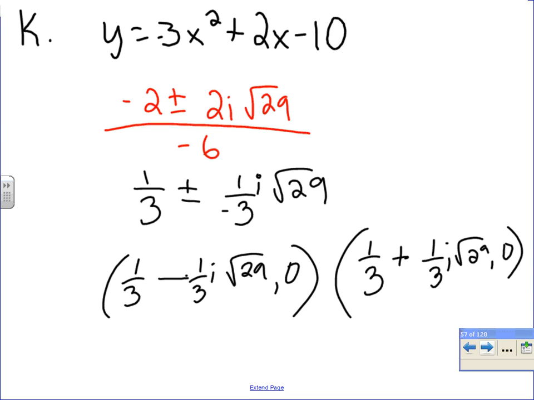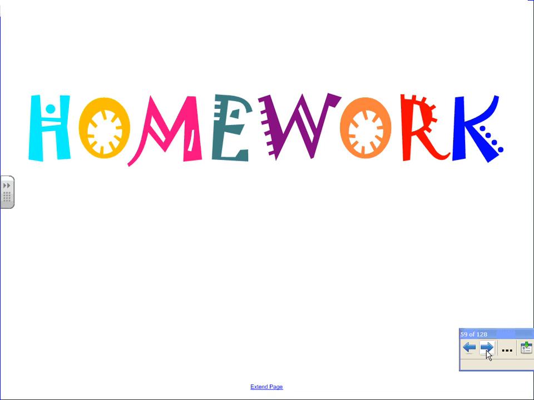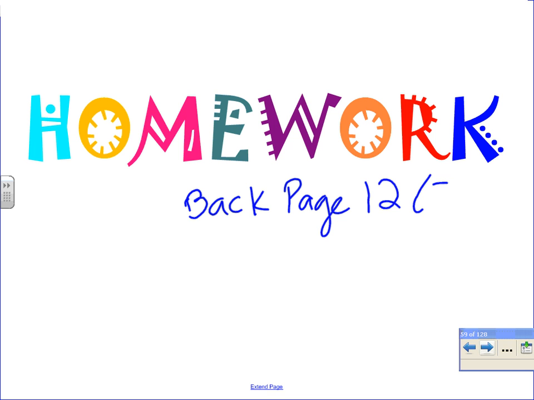Okay, you guys okay? All right, I want you to do, okay, let me find it. The back of page 12, so where you were yesterday. So back of page 12, I want you to do all of those.